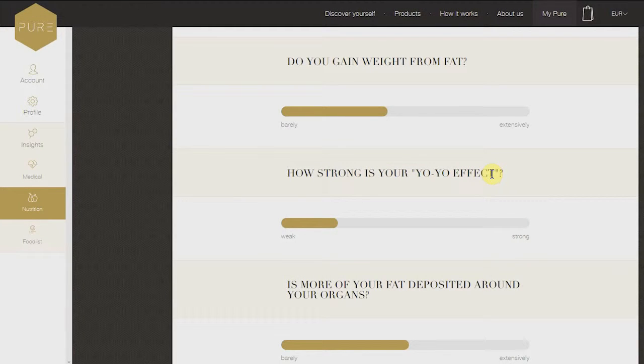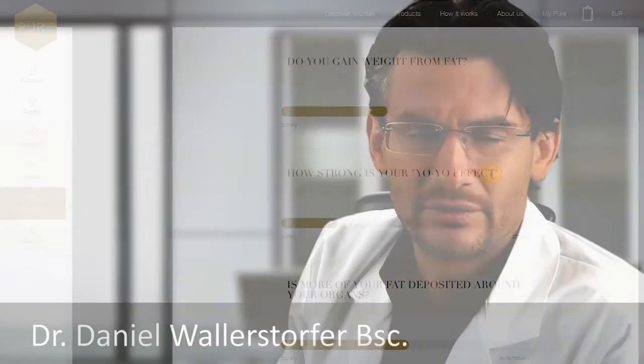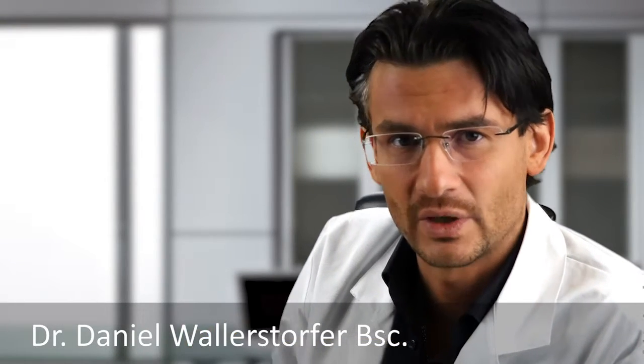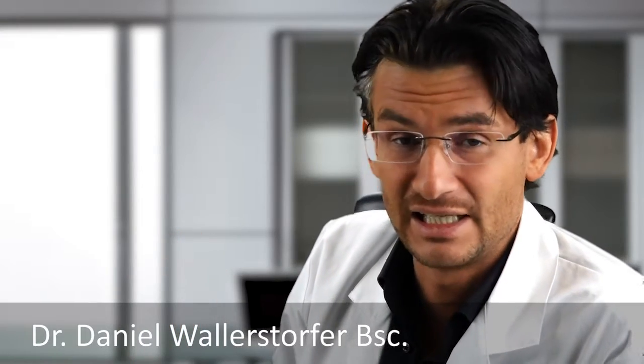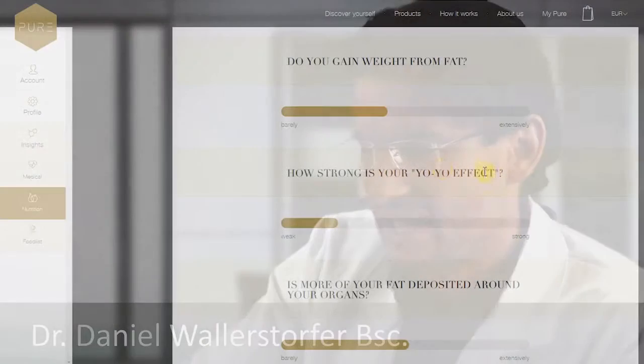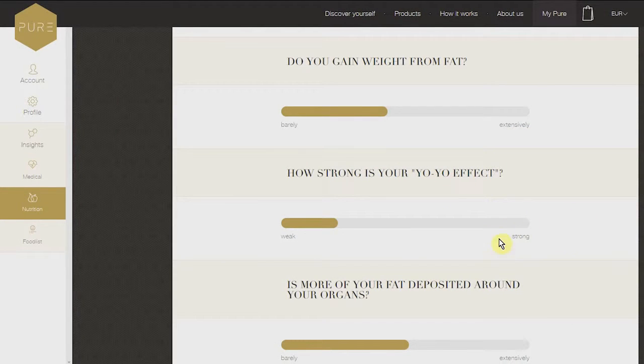Then the yo-yo effect, or the rebound effect, essentially predicts how quickly your body would regain weight once you have successfully lost weight if you fall back into old habits. So the higher this is, the more important it is for you to change your lifestyle permanently to maintain your body weight.